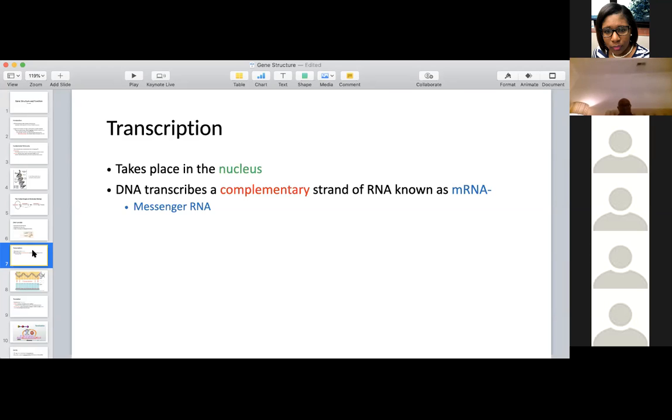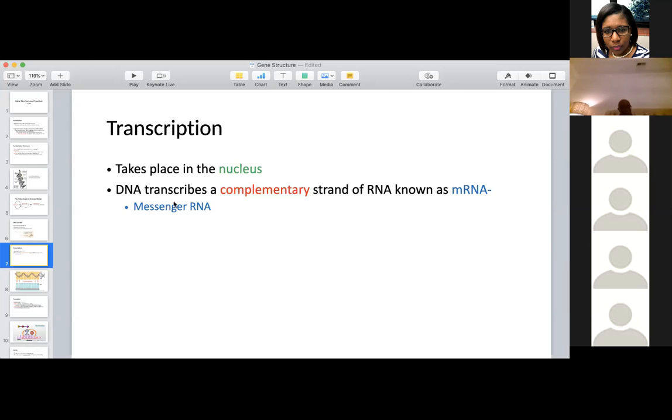Okay, so we're saying that transcription is a biological process that's taking place inside the nucleus of the cell. And what is happening during transcription is that DNA is being transcribed, hence the word transcription.